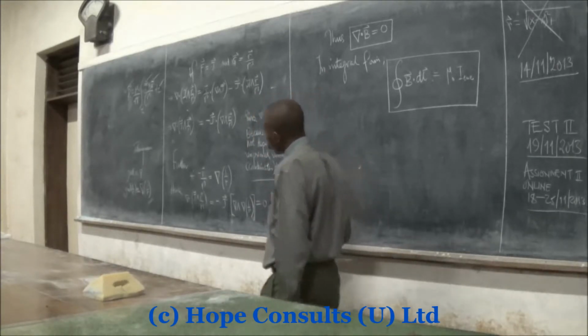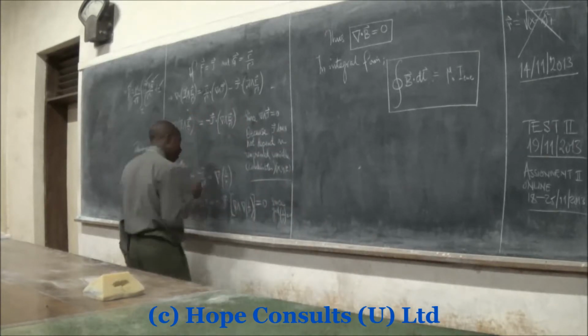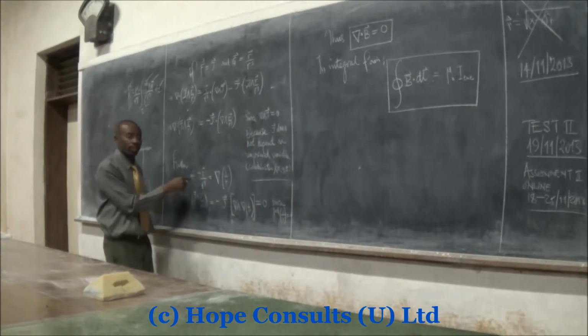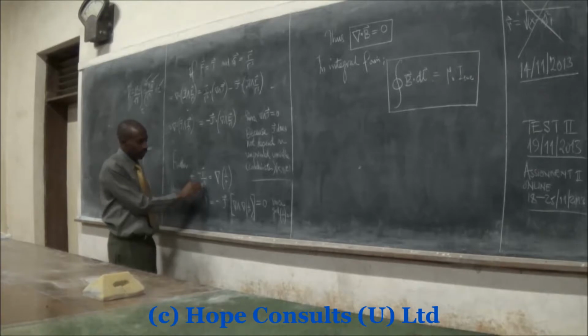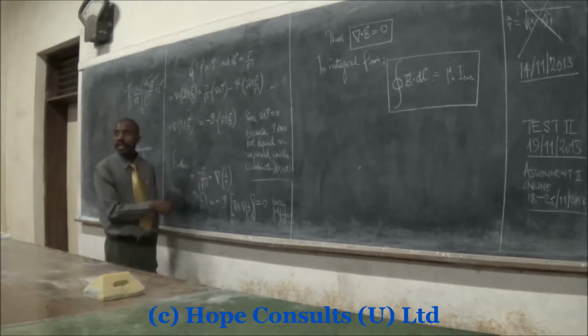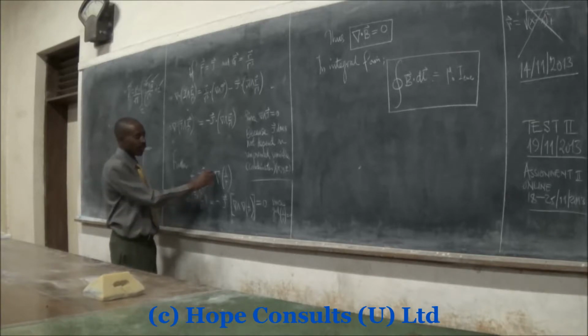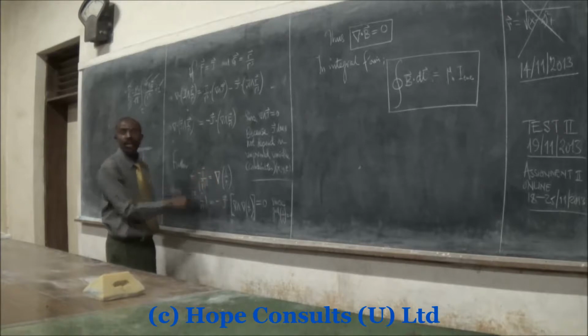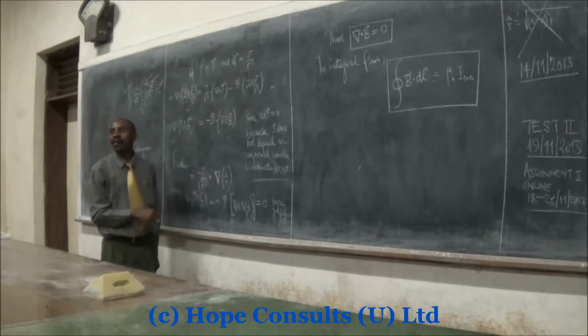Just to explain how the ratio of the position vector and the position vector cubed is similar to the gradient, or grad 1 over R. Okay, now the position vector over R should be the same as 1 over R squared in the R direction.